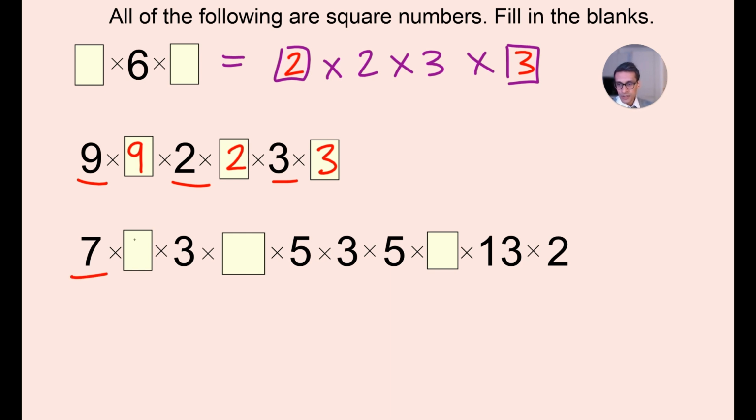So 7 has to have a factor pair. 13 has to have a factor pair. And then we've got 3 and 3, 5 and 5, 2, and then that has to be a 2. You may have written these 3 numbers in a different order. It doesn't matter as long as you wrote 7, 13 and 2. Those are your answers for this activity.